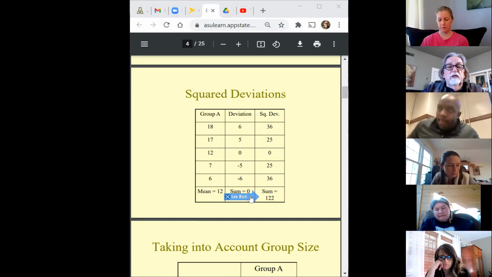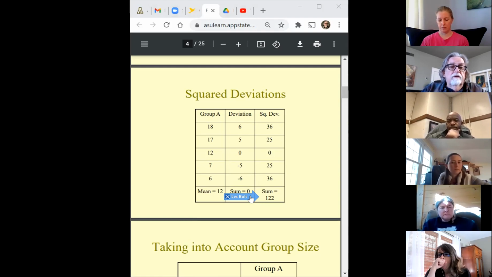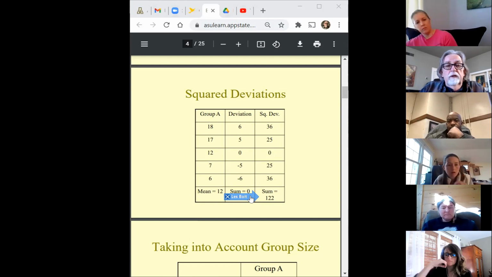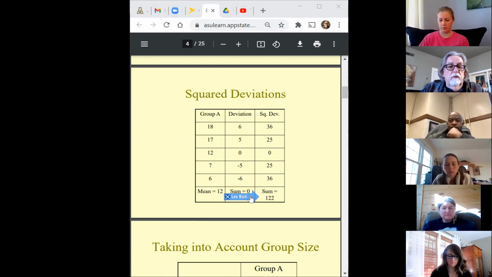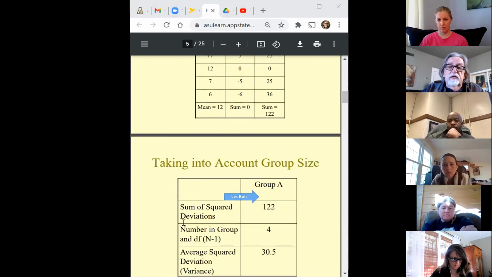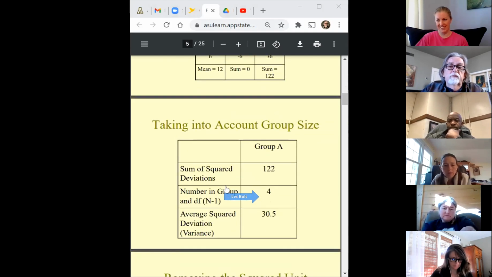Interestingly enough, that sum is called sum of squares. A very logical thing to call it, since that's what it is. But you'll see sum of squares referred to a lot in procedures like ANOVA, where they use sum of squares as a vehicle to get someplace. And you kind of take into account group size, since there are 5 people in there.